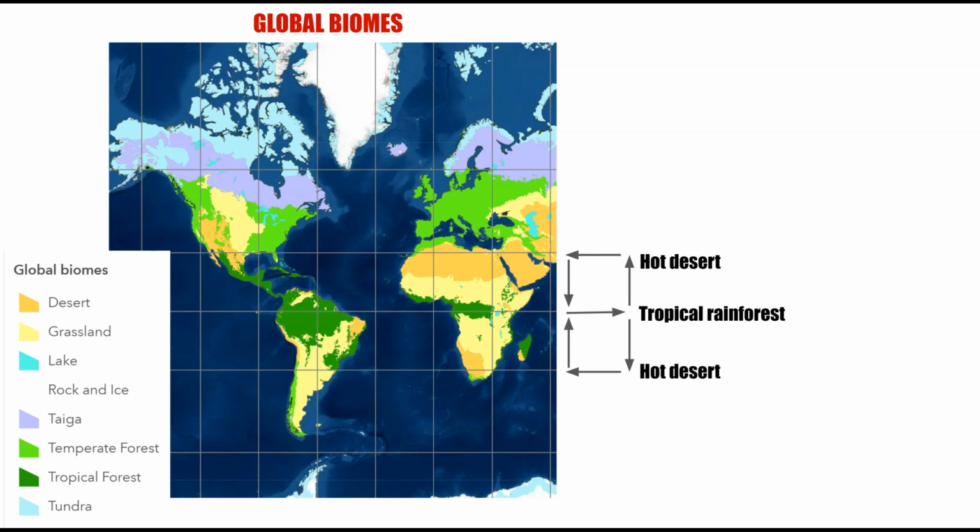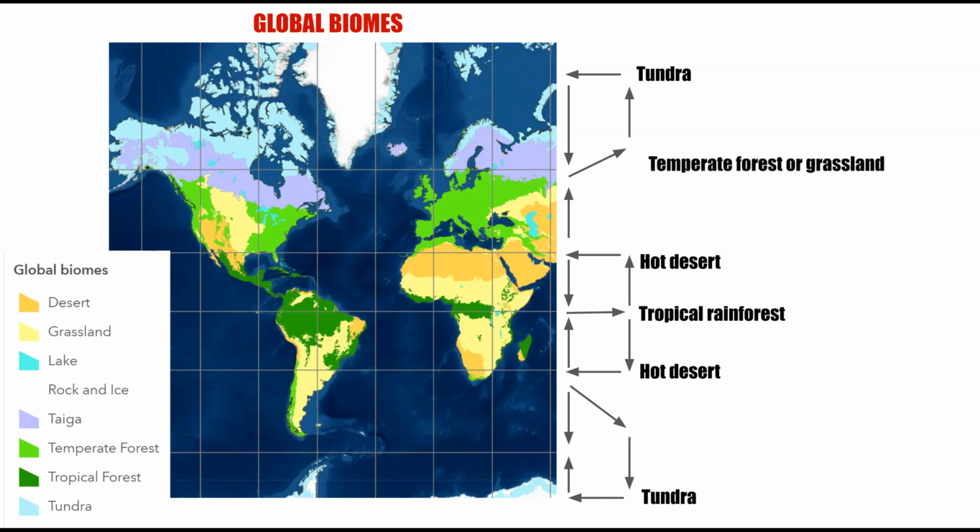Then you can move it further north again, and that brings us up to the poles, where it's very, very cold, and you've got your tundra. And then the air moves away from the area of high pressure there, and you've got your polar cell finishing off there, which gives you your temperate forest or your temperate grassland in and around about that area.